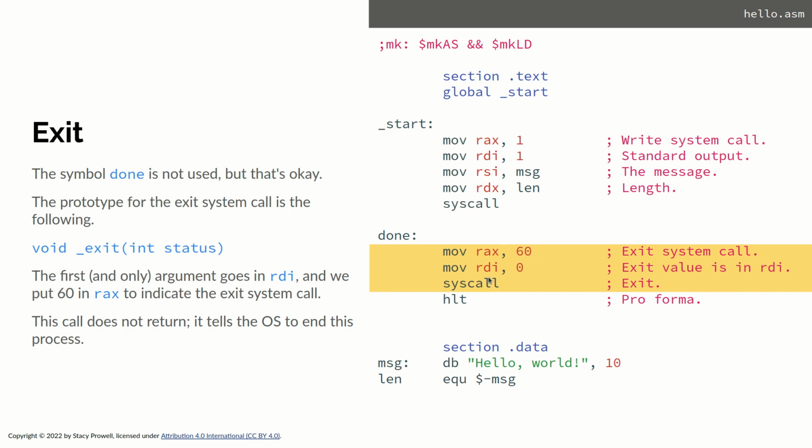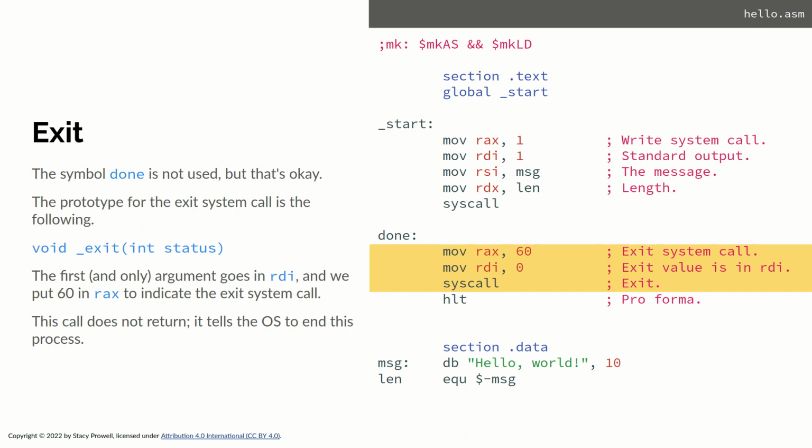We put 0 in RDI for a return value of 0. I do a system call, and there we go. That will do an exit. What does that do? That tells the operating system to remove my process from the scheduler, so I won't get any time to run anymore, and I've been stopped from running. Deallocate my resources, destroy my thread pool, all the other things that have to be done. Release my memory, etc.